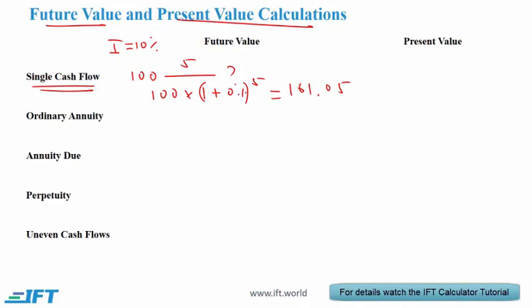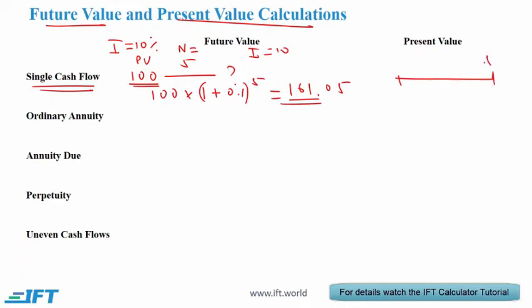So with a calculator we can say that the present value is 100, n is equal to 5, the interest rate is 10%, the payment is 0, and we compute the future value, and that will be this number. With a present value calculation, we have an amount in the future.